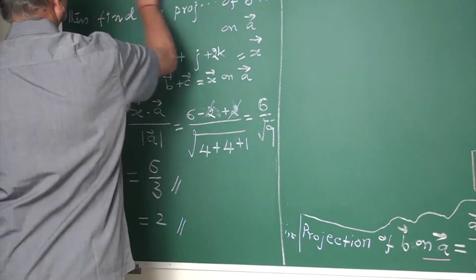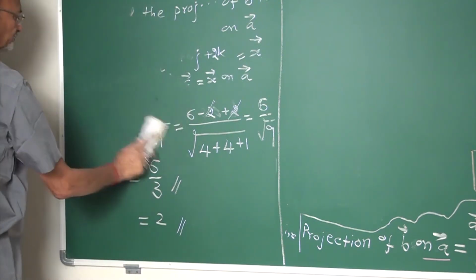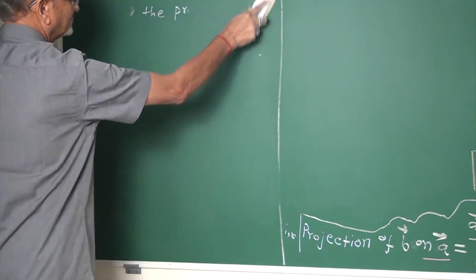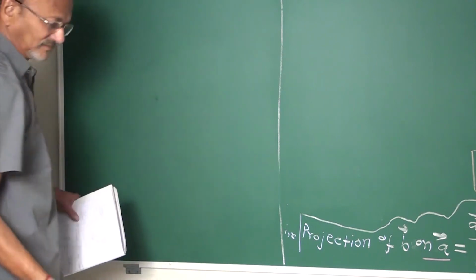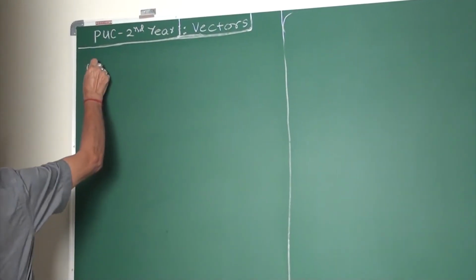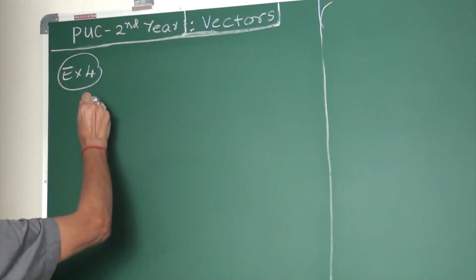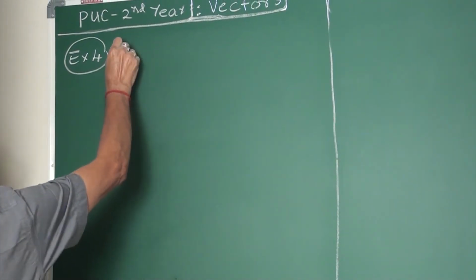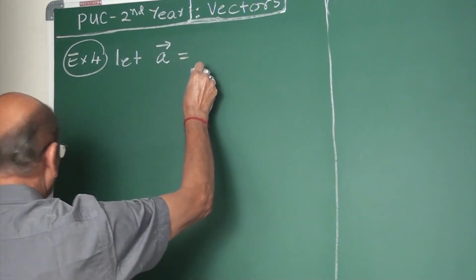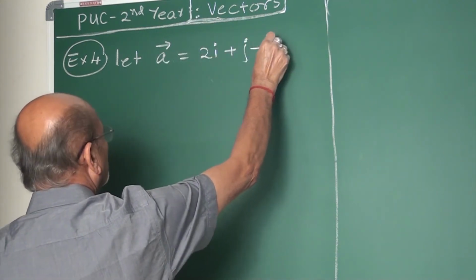Next example. This is example number 4. Let vector A equal to 2i plus j minus 3k.